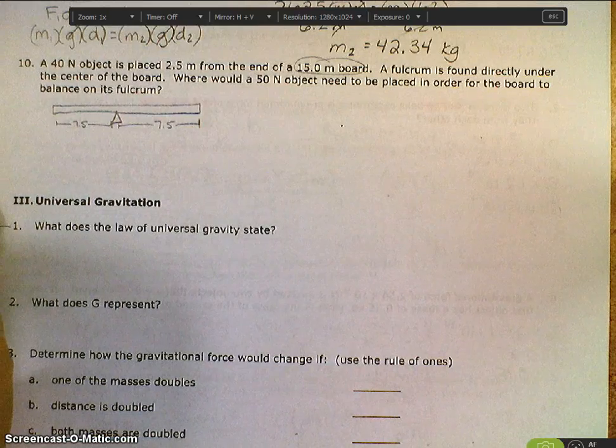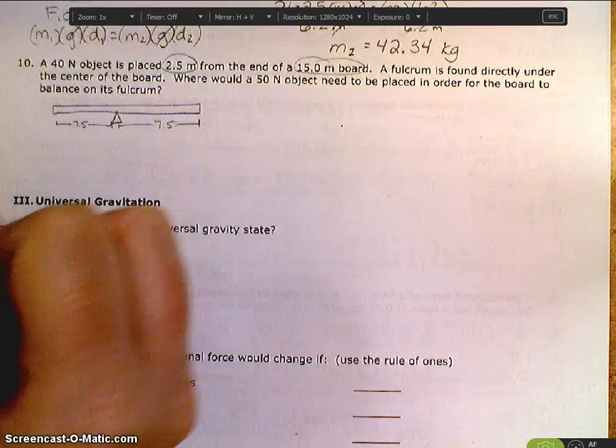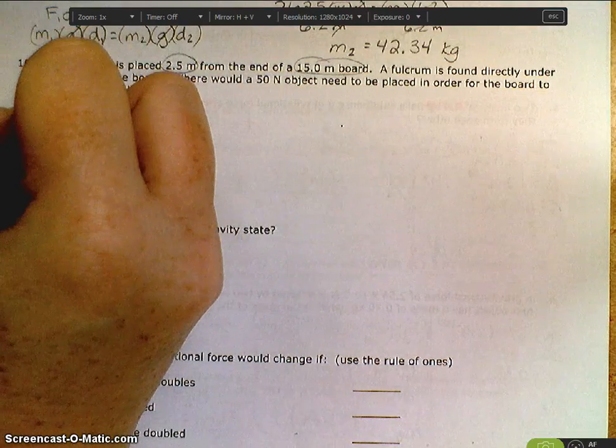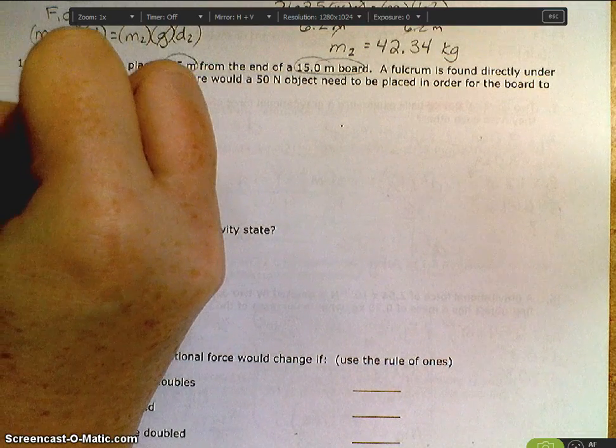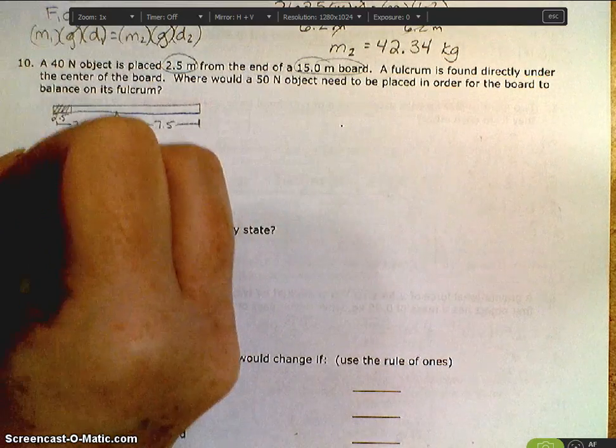Now this is important because the way that they word the question, they're going to place the object 2.5 meters from the end of the board.